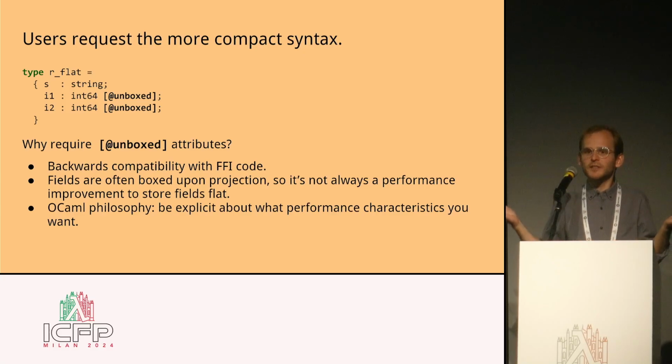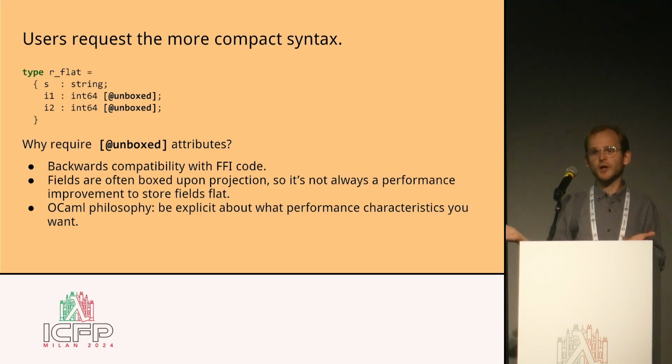Also, if fields continue to be boxed on projection from the record, it's not always going to be an optimization to remove this boxing. It should really be a user choice. And also, it's nice to be explicit about what memory representation you're actually getting and the performance characteristics that you want.